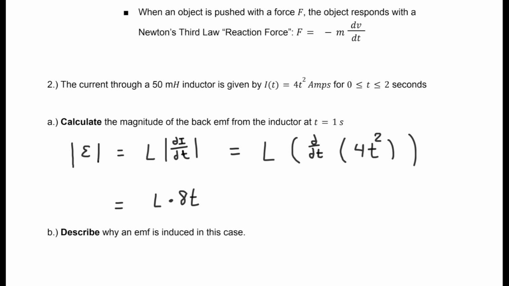And then what we wanted is the EMF induced at t equals 1 second, so we just plug in. L was 50 millihenries, which is 0.05 henries, and then multiply by 8, and then t was 1 second, so we get 0.4 volts across the inductor at this time.